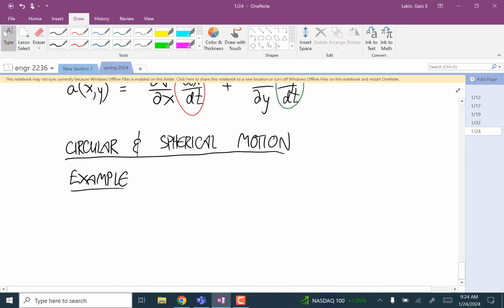So let's say that this is your coordinate system, X, Y, Z, and you had an object moving around a circular path like this.